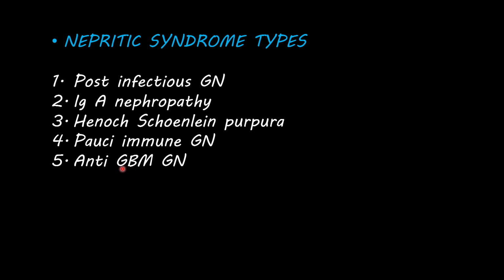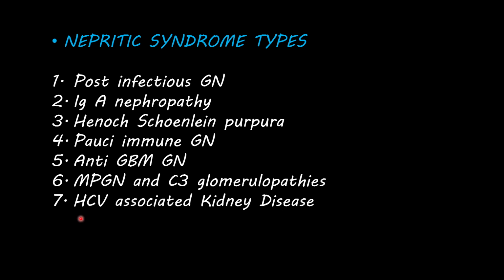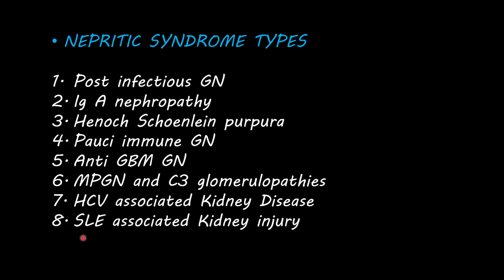GBM means glomerular basement membrane antibody associated glomerulonephritis. Then there is membranoproliferative glomerulonephritis and C3 glomerulopathies. Then there are hepatitis C virus associated kidney injuries, and lastly there are SLE associated kidney injuries leading to glomerulonephritis. So let's discuss each one of these 8 types one by one.